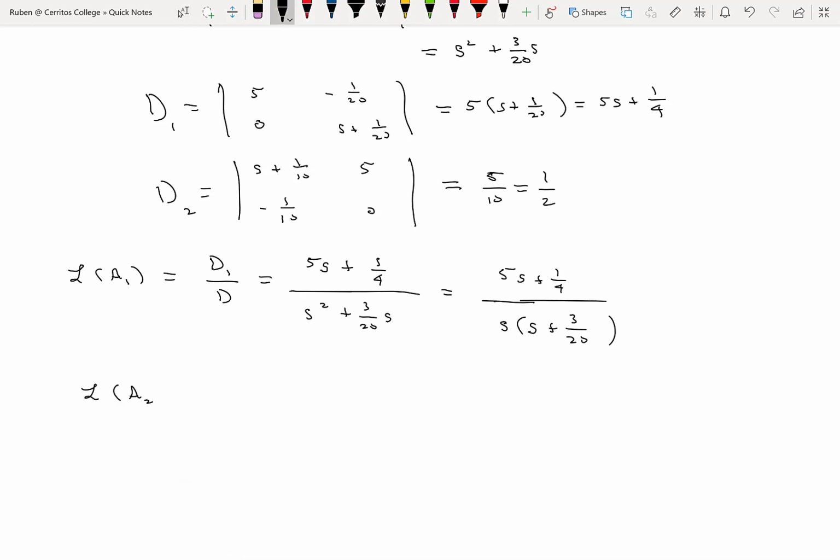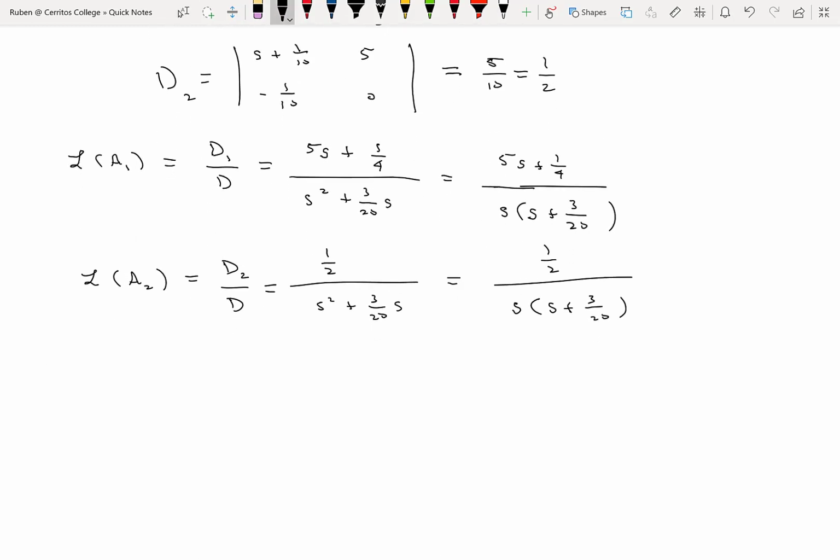So the Laplace for A2, again by Cramer's rule, is D2 over D. Same s squared plus 3/20 s, same factorization, s times s plus 3/20, but the simpler D2 of just 1/2.